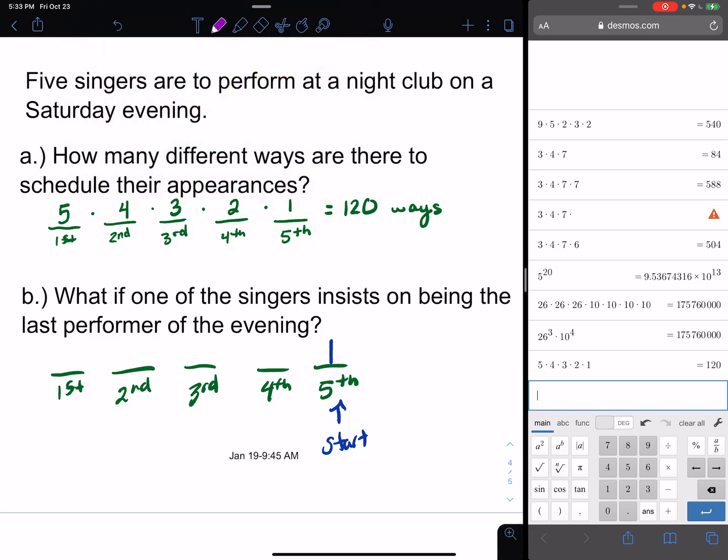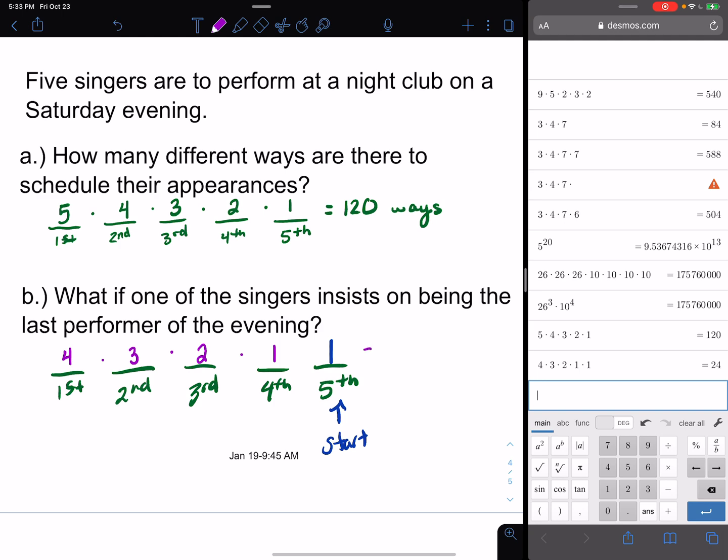Then if I think back to the first, well, there's only 4 singers left now. For second, there's 3 singers left. Third, there's 2 singers left. And for the fourth, there's only 1 singer left. So when I do that multiplication, I have 4 times 3 times 2 times 1 times 1, which tells me that now there's only 24 different ways that we could arrange those singers.